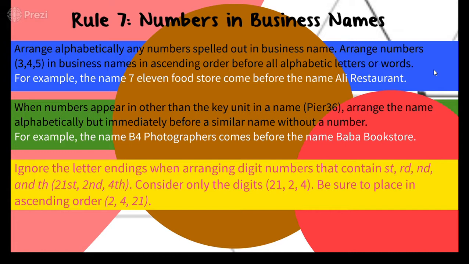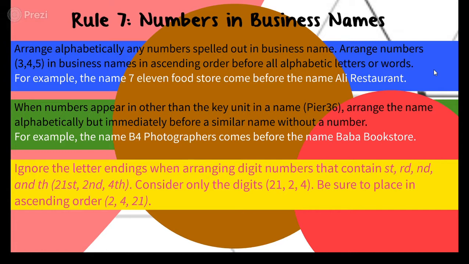The second one: when numbers appear in other than the key unit in a name, arrange the name alphabetically but immediately before a similar name without a number. For example, the name with a number before Photographers comes before the name Baba Bookstore.